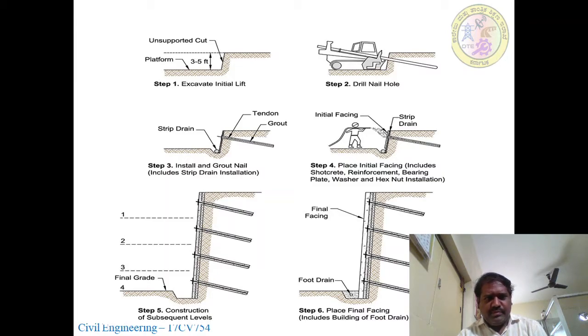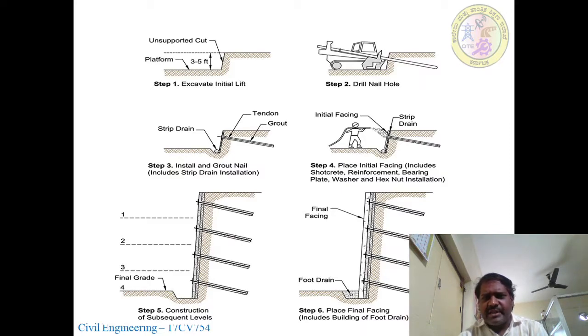And in the fourth step, after grouting and tendons, we have to provide the strip drain here. This will be the initial facing, and this straight line will be called the strip drain. At the facing we have to provide the strip drain.